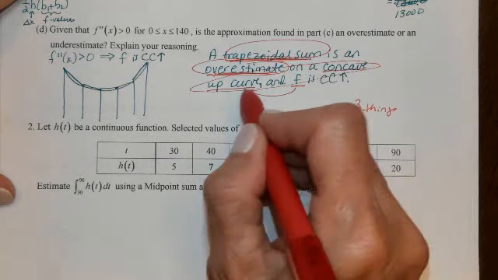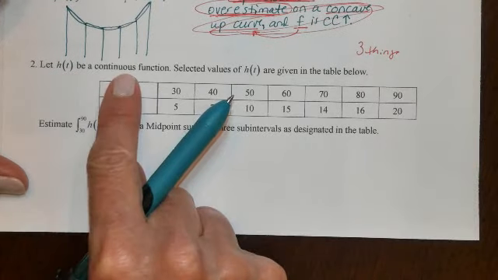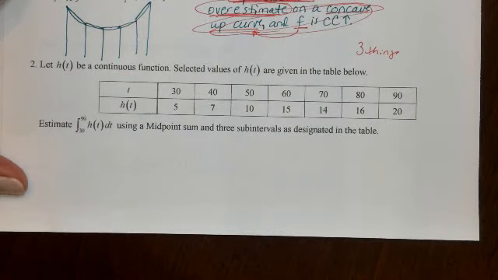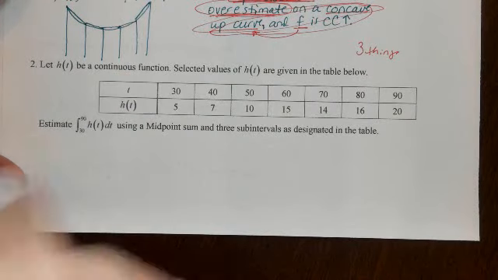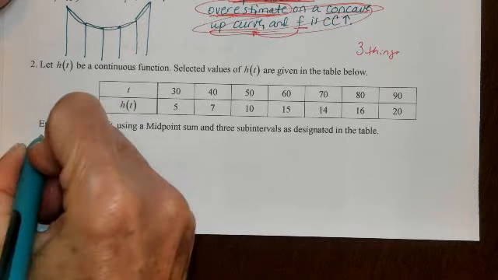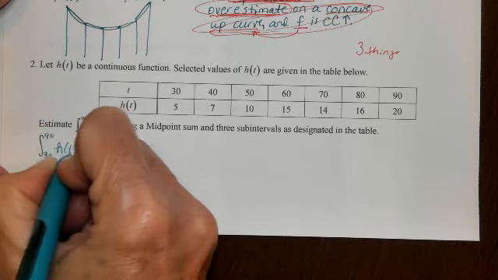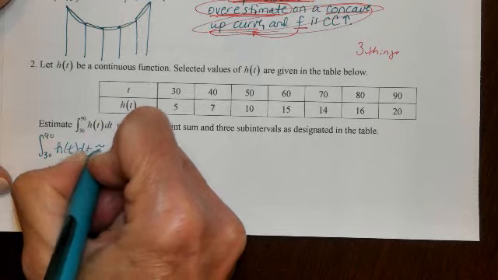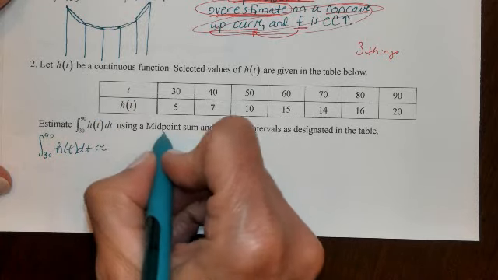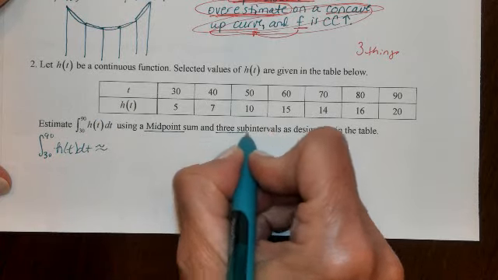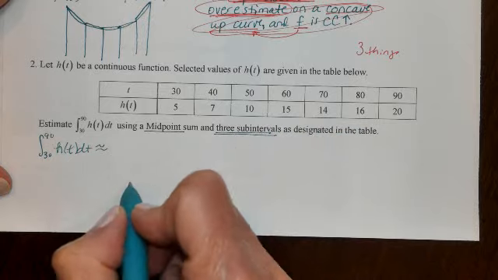Okay, number 2. Let h be a continuous function now, and selected values of h of t are given in the table below. Estimate this integral using a midpoint sum and 3 subintervals, just 3 subintervals.